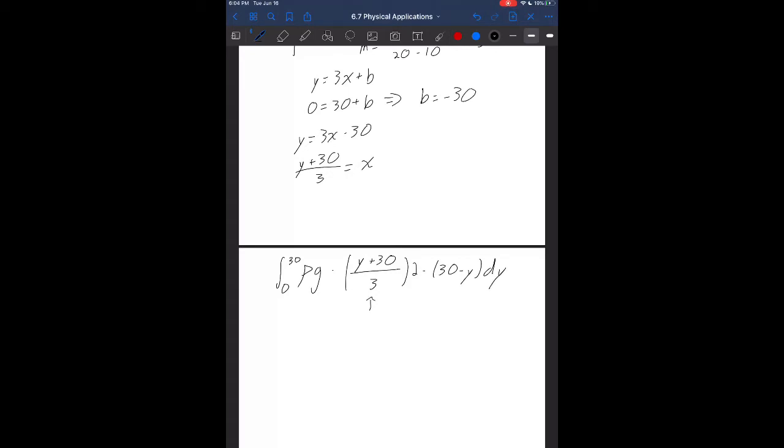Okay, so this right here, I wrote it slightly out of order, is w of y, and this right here is just a minus y.